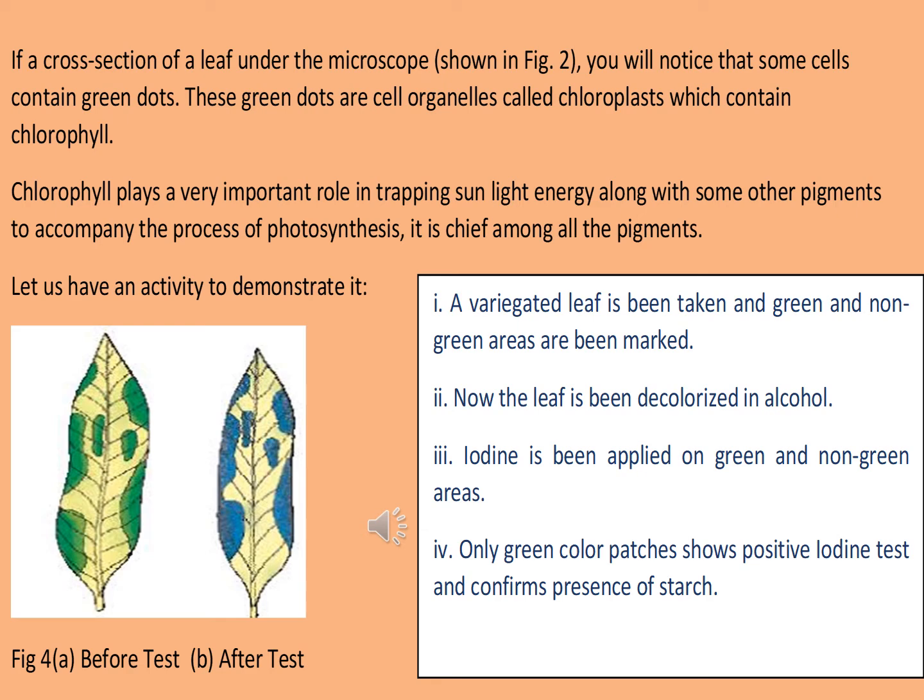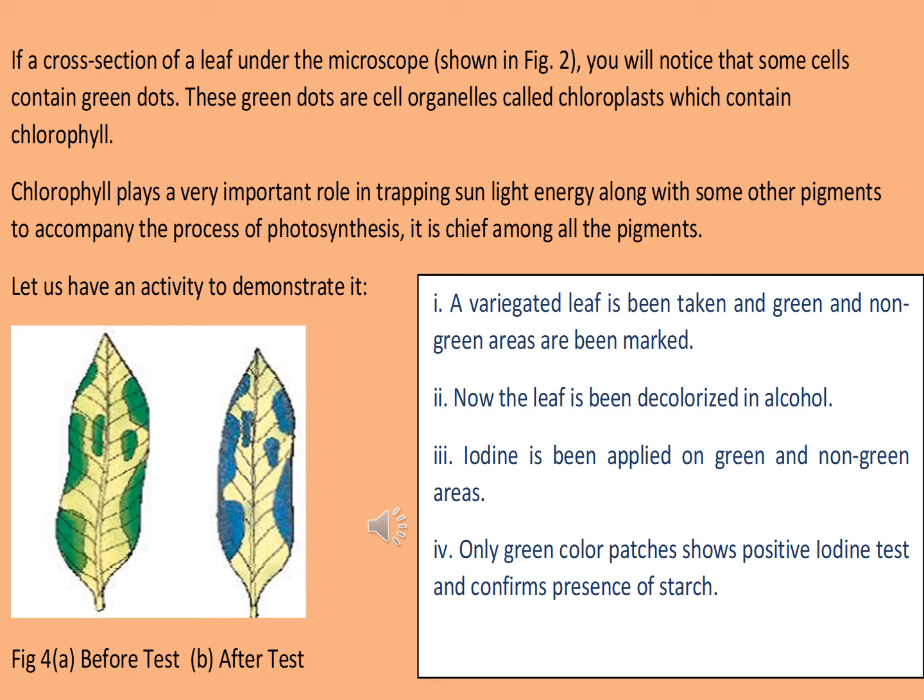We have learned in the previous classes that iodine, when it reacts with starch, changes its color from pink to blue. So iodine is taken as an indicator to assess whether starch is present or not.